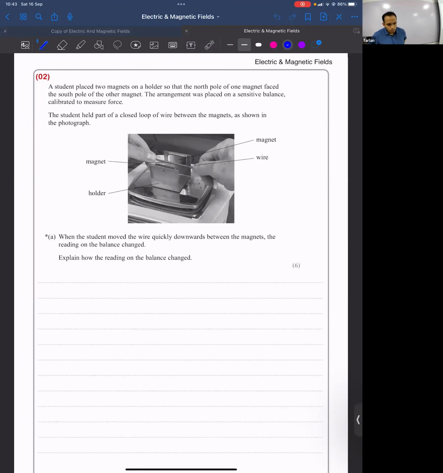A student placed 2 magnets on a holder, so that the north pole of one magnet faced the south pole of the other magnet. The arrangement was placed on a sensitive balance, calibrated to measure force.